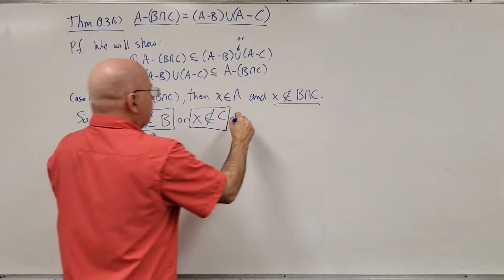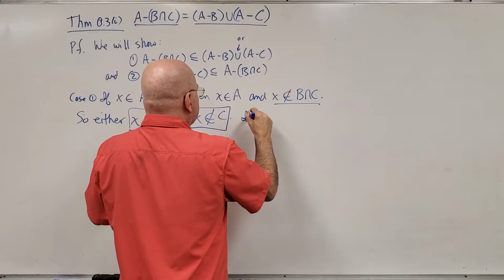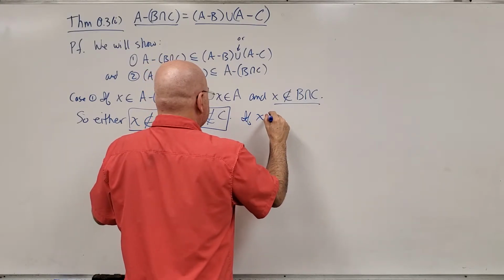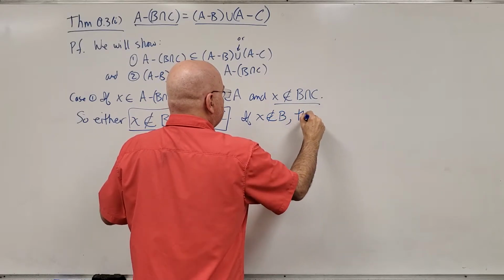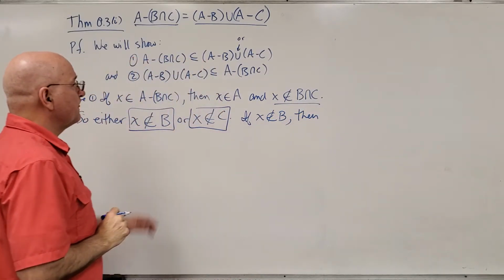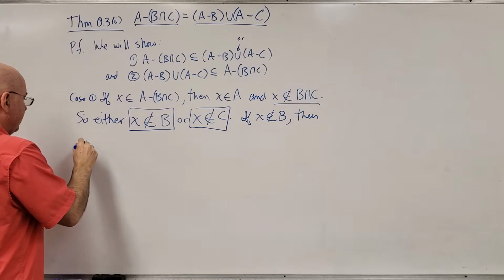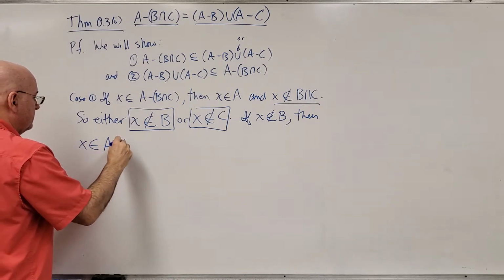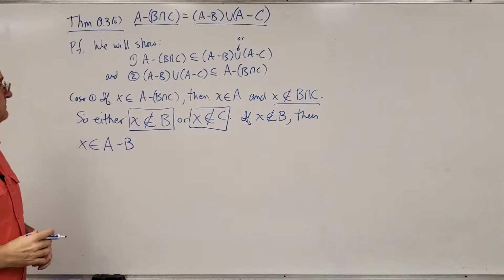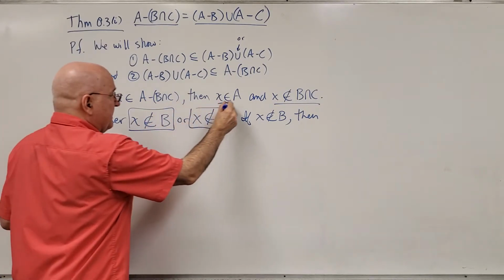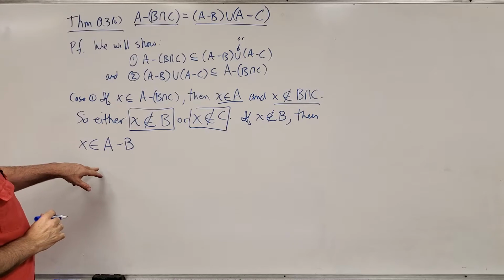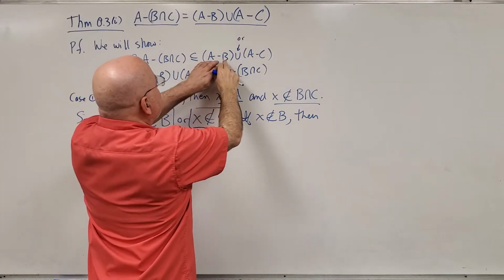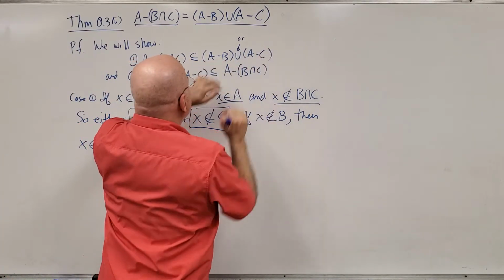All right, well, if x is not in B, then x is in A minus B, because we know x is in A. So, if you are in A minus B, then you're clearly in A minus B or something else.